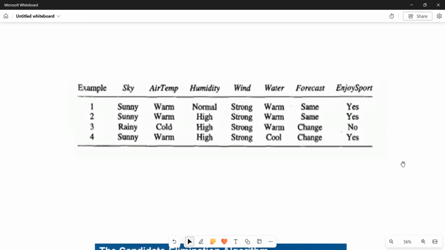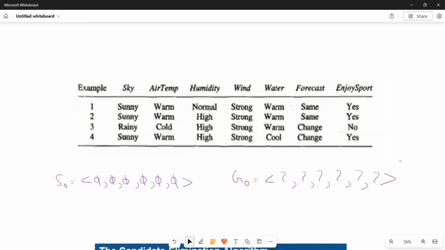My specific hypothesis here is null, and my generic hypothesis here is indicated by question marks.